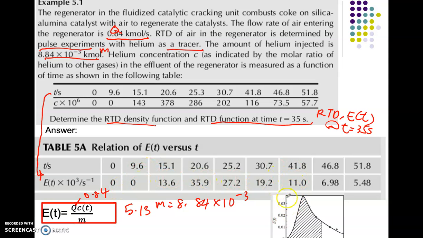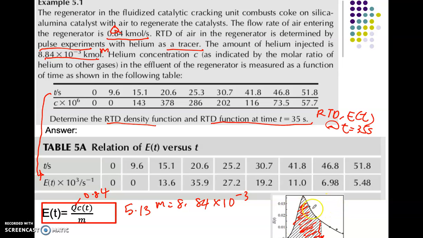When you plot these points in a graph, you will get a curve like this. The question wants to ask what is the E(t) at t equals 35 seconds. This part is actually the area under the curve, so you need to calculate the shaded area from 0 to 35.